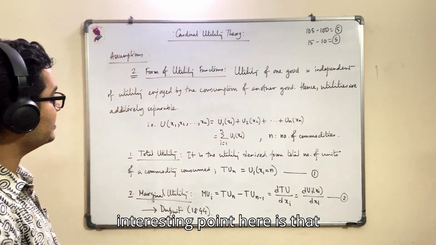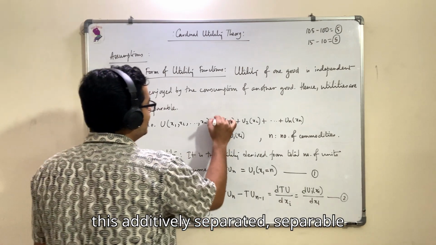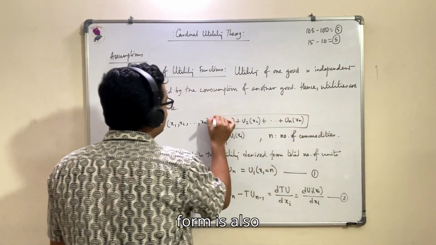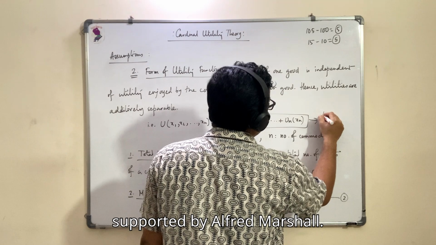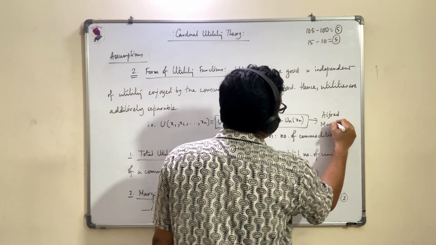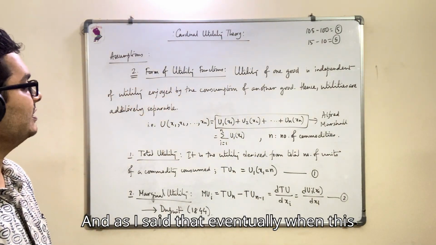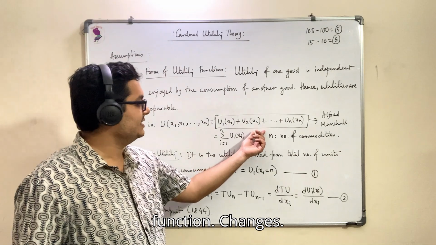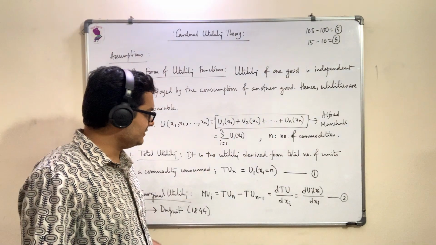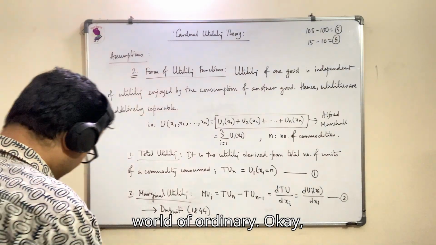But the interesting point here is that this additively separable form is also supported by Alfred Marshall. And as I said, eventually when this function changes to something different, we came to the world of ordinal utility.